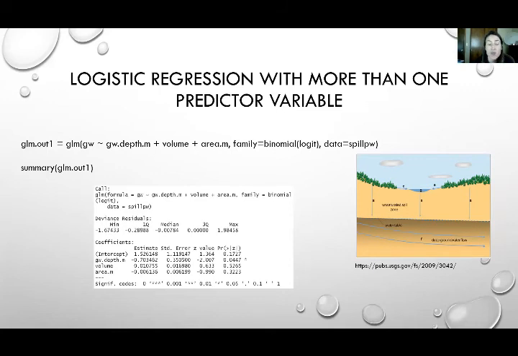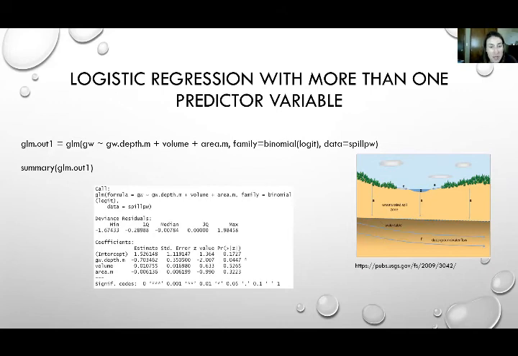In this case, all three of those predictor variables are continuous. But as I had mentioned before, you could also have categorical or discrete data as those predictor variables as well. I just want to show you the results from that analysis, and it's kind of interesting. These are just the summary results, so I'm not showing the ANOVA.